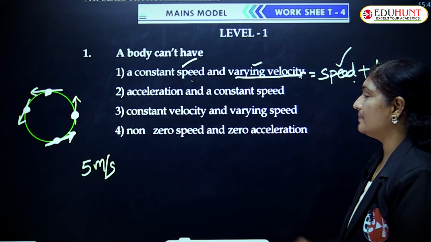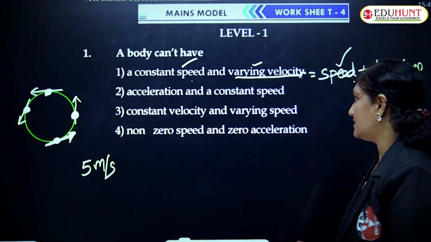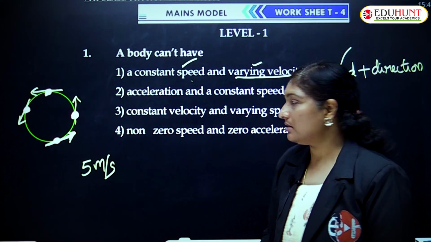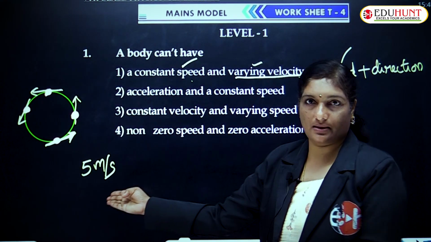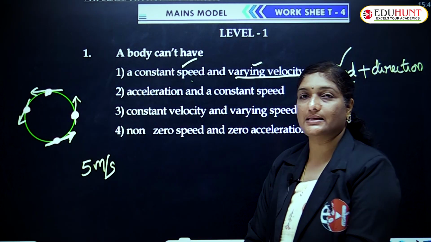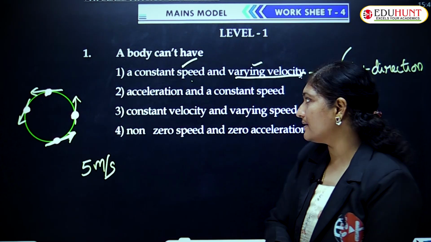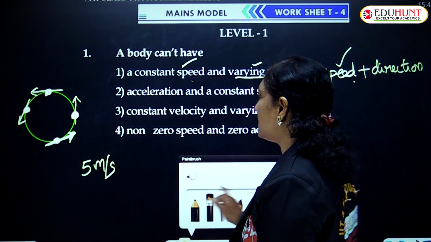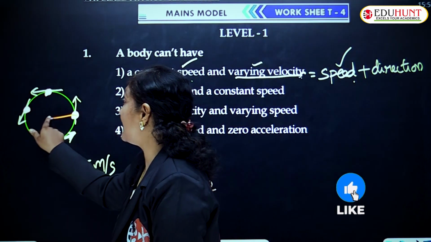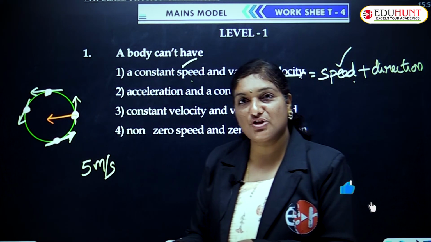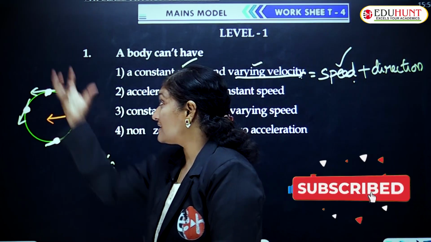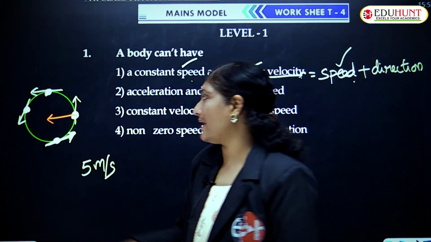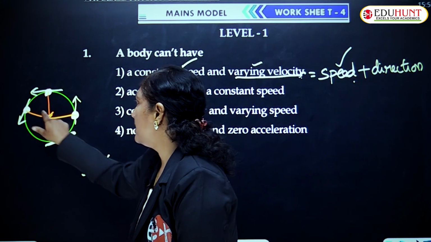Moving to the next concept, that is acceleration and a constant speed. As long as the body is moving in uniform circular motion, it is having some constant speed. This example which I have considered, 5 meters per second. But if you discuss something regarding its acceleration, the acceleration acting on it is centripetal acceleration. Wherever the position of the body be, its acceleration always acts towards the center. Centripetal acceleration means towards the center.